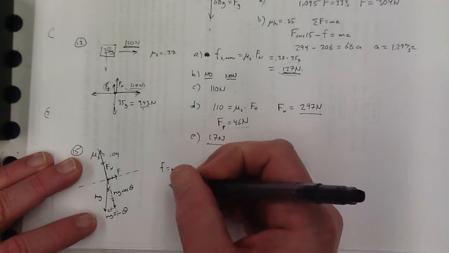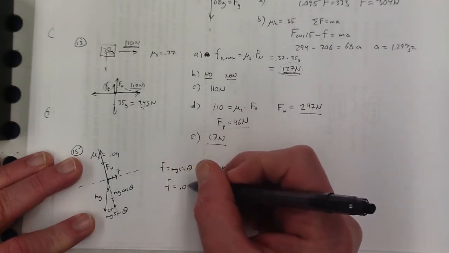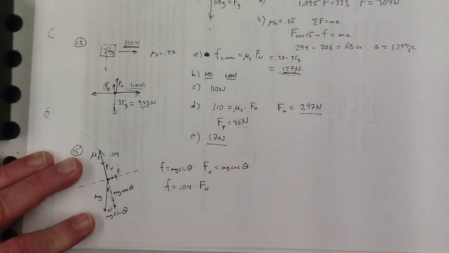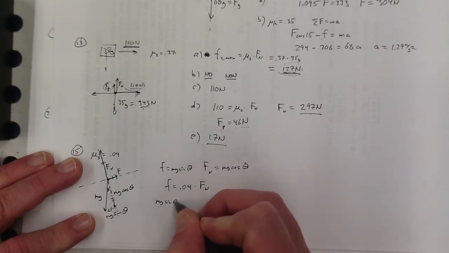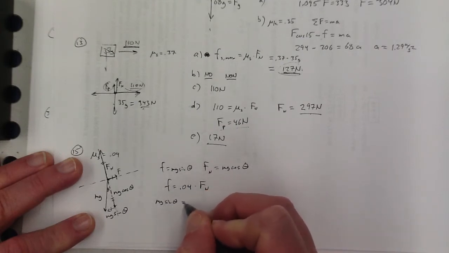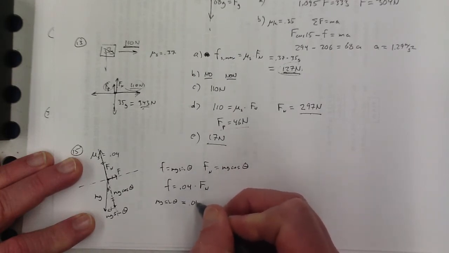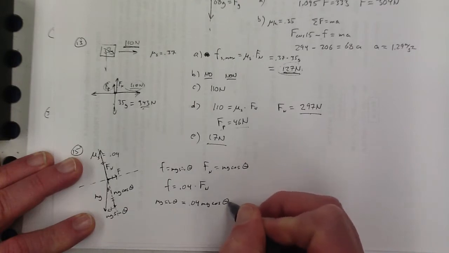Also, I know that the force of friction is equal to mu times the normal force. So that's where my equation is going to come from. So mg sine theta, right, that's my force of friction, is equal to 0.04 times mg cosine theta.